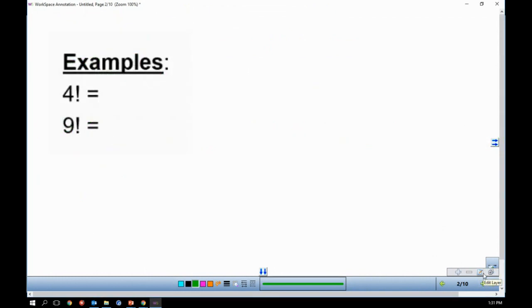If we have 4 factorial, we would start at 4 and then just count down. So 4 times 3 times 2 times 1. What would that give you? Yep, 24.